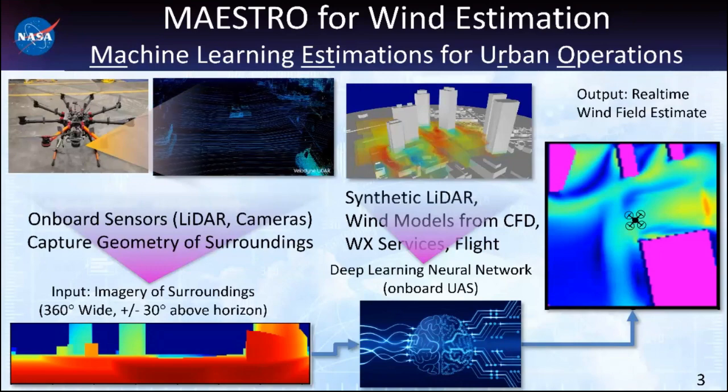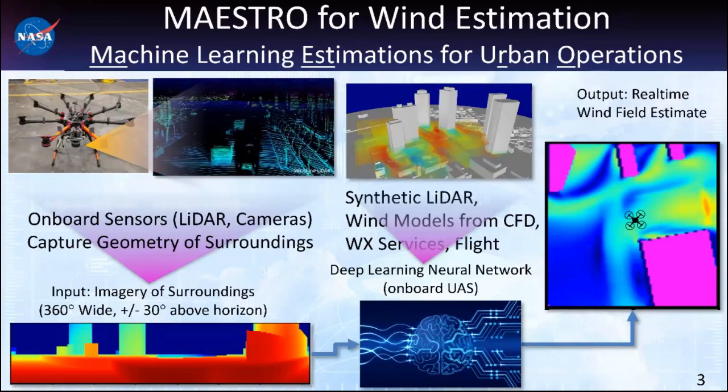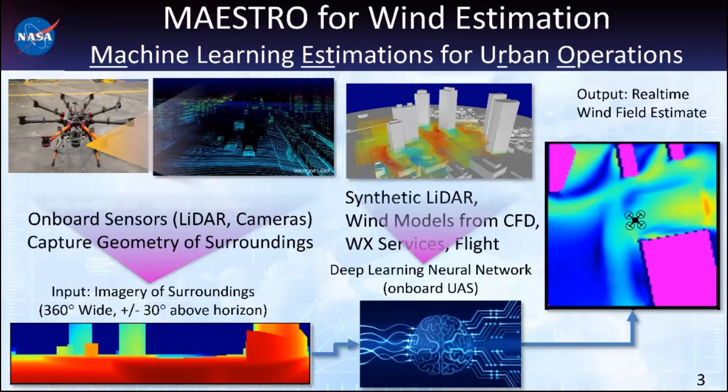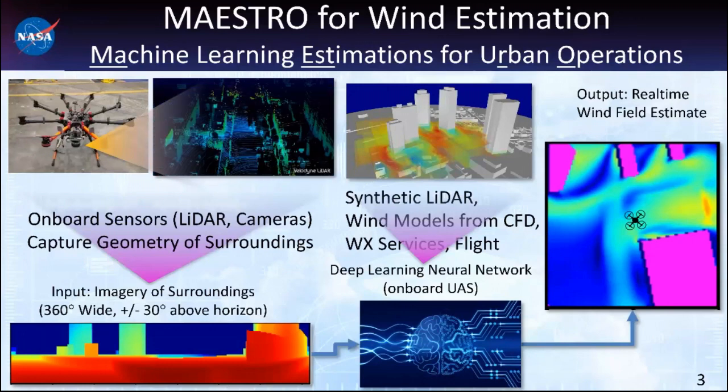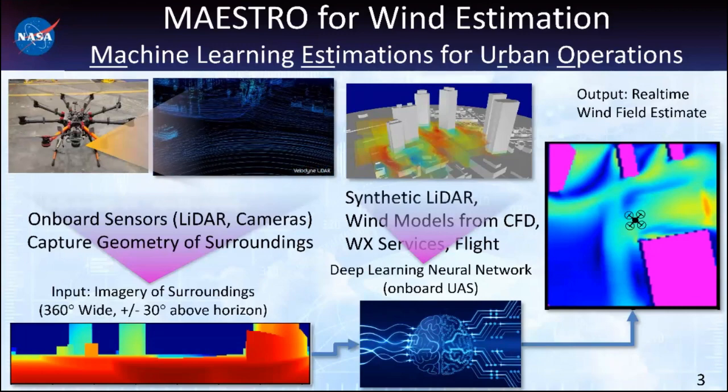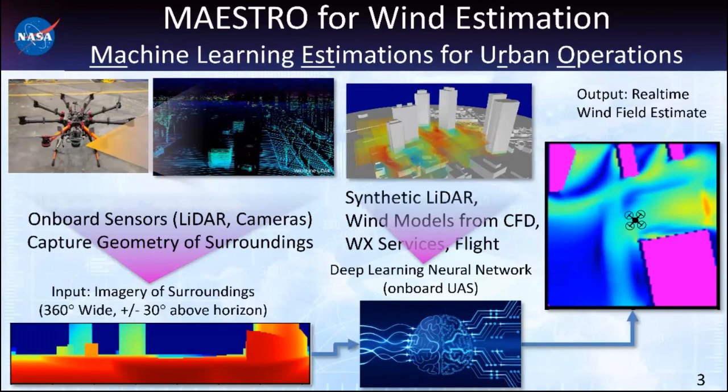Maestro not only makes those estimates exactly at the vehicle's location, but what's unique is that it makes those estimations over the entire survey area of the vehicle's sensors.